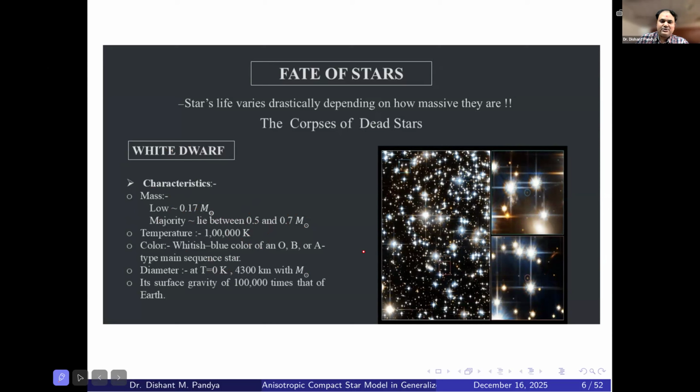The color will be whitish or bluish, and it has a spectrum ranging over O, B, or A type. The temperature, in kelvins, is almost 0 degrees Kelvin, an almost cold star, and there is no fusion process going on. And 4,300 kilometers is the diameter of that star, along with the surface gravity.